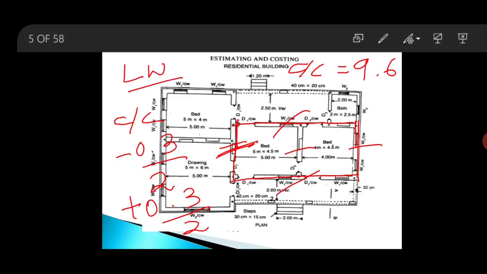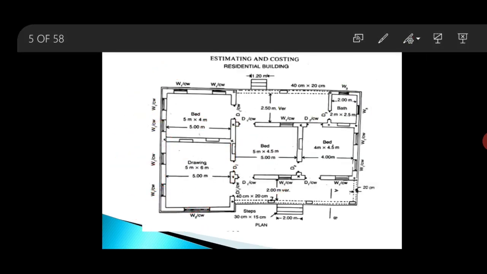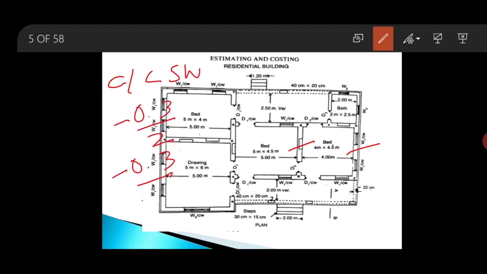Okay. So for the short wall, these two are short wall. So from the center to center length of short wall, we have to subtract half of the width of the brickwork in superstructure from both the sides. So this is all about the second part.